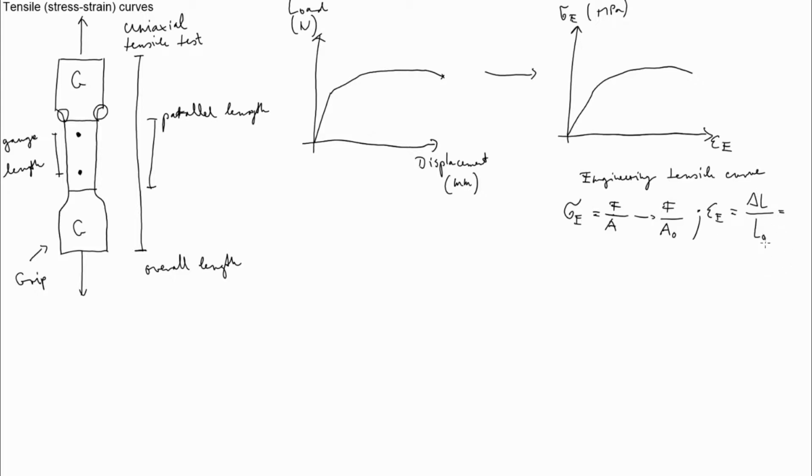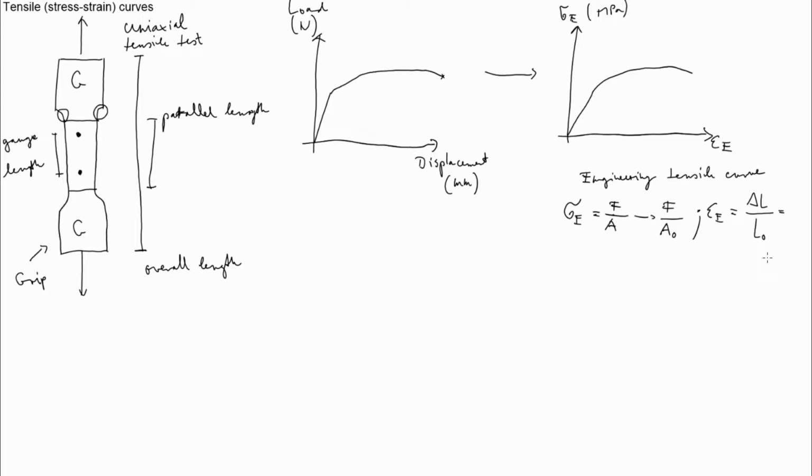So that will be the L0, and then you get the delta L, the change, from the extensometer. So L0 either comes from the initial length of the specimen, which can be the parallel length if you don't rely on the extensometer, or, if you rely on the extensometer, the initial distance between the grips of the extensometer.